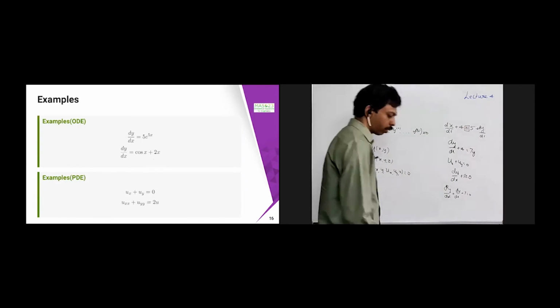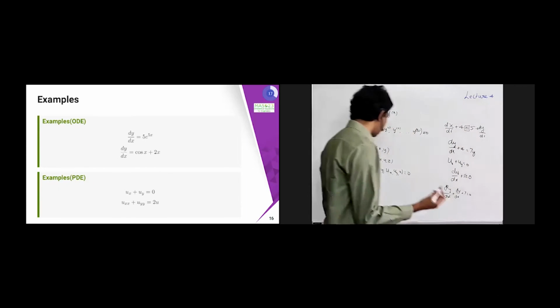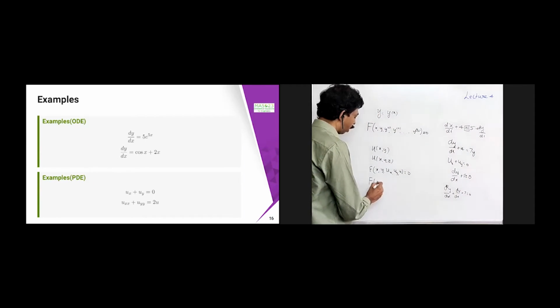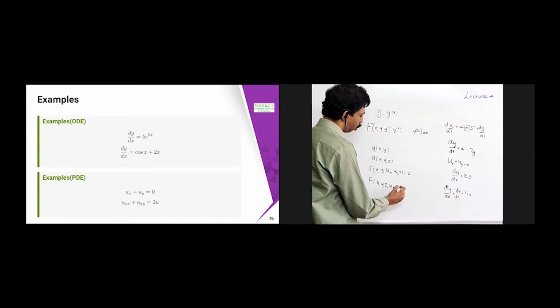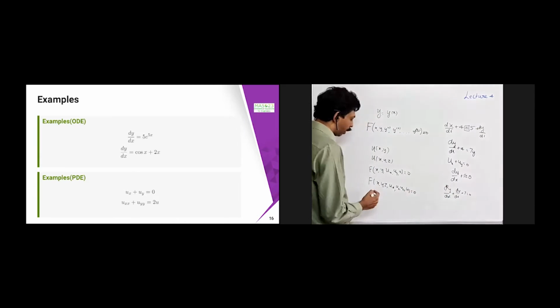Similarly, I can define something like f of x comma y comma z comma ux, uy, uz, u equal to 0. The same way I can define the two-dimensional one.